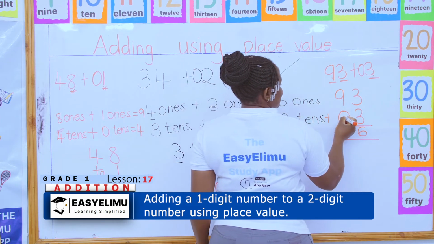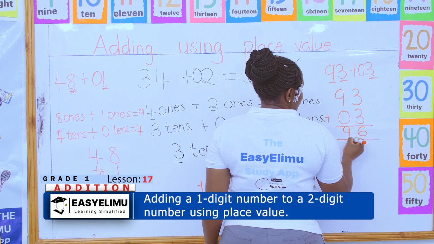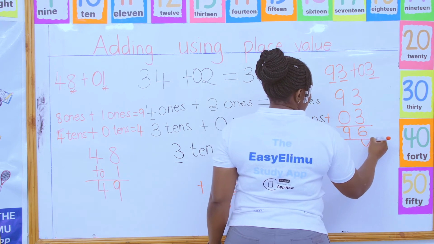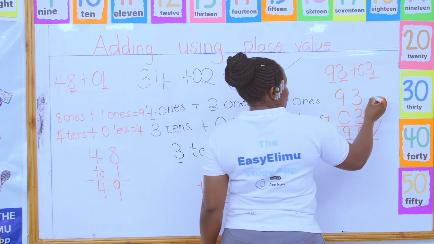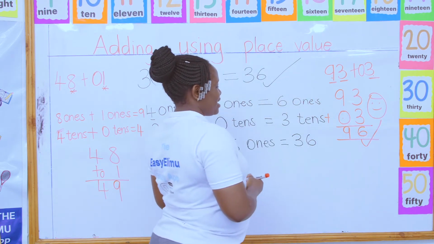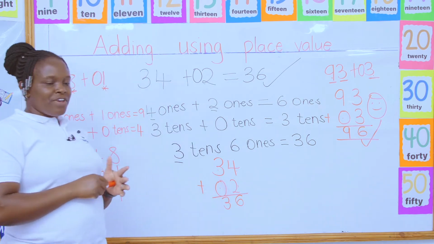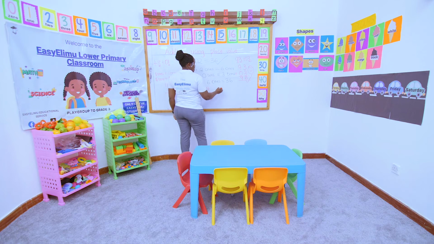So what is 9 plus 0? 9 plus 0 is a 9. So you get 9 tens and 6 ones. And the teacher will give you a very big mark with a smiley face for having done your work very well. So I hope there will be no problem, because I want to give you an assignment.